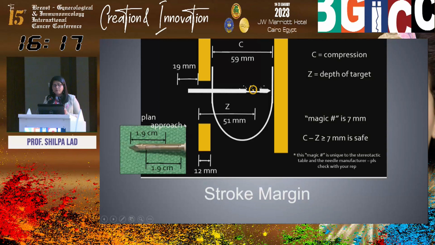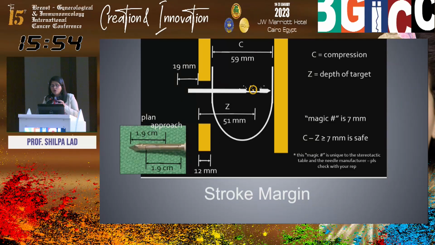Why is that? Because the center of this aperture is about 1.9 centimeters, and the thickness of the compression paddle is about 12 millimeters. Therefore, we have a dead space of about 7 millimeters. This is how much dead space there is, where the needle will be going beyond the microcalcifications.